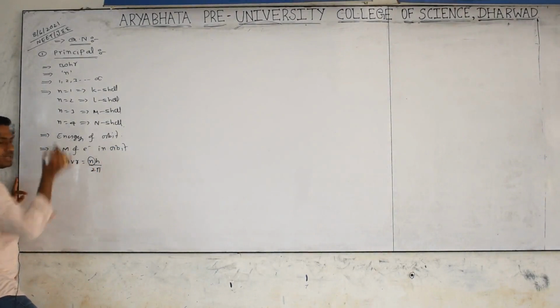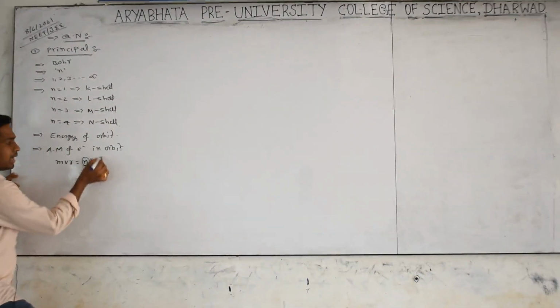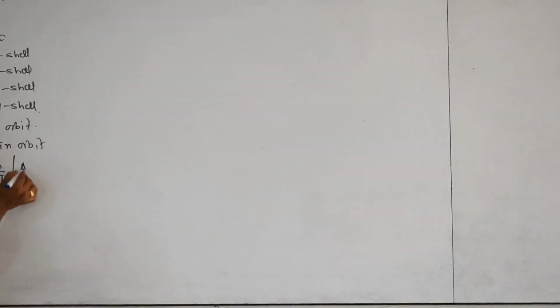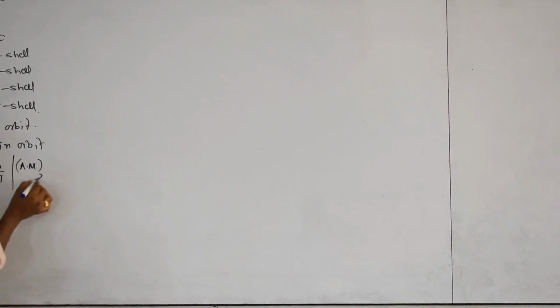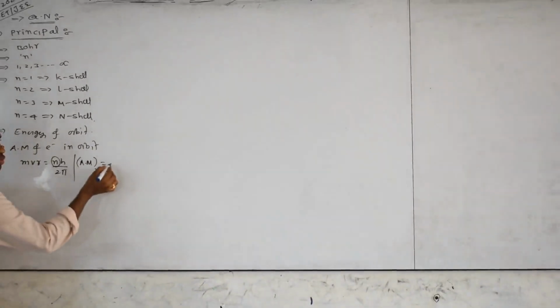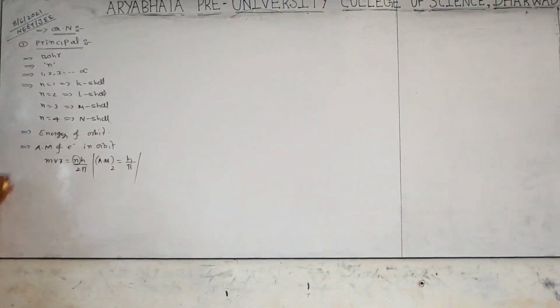This n means the orbit number. Angular momentum of an electron in the second orbit means the n value has to be taken as 2, so 2h by 2 pi is h by pi. This is one important point.